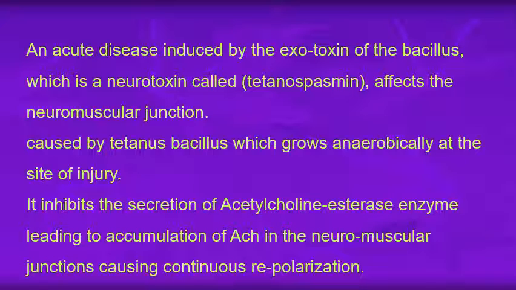It affects the neuromuscular junction, and as you know, during any impulse from the brain to the muscles to cause an action, there is a secretion of acetylcholine, which transmits the impulse from the nerve at the neuromuscular junction at the end of the nerve to the muscle to do the action.